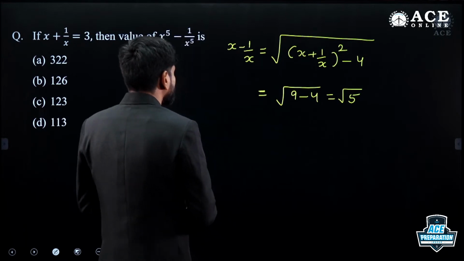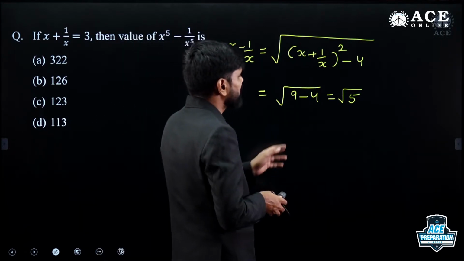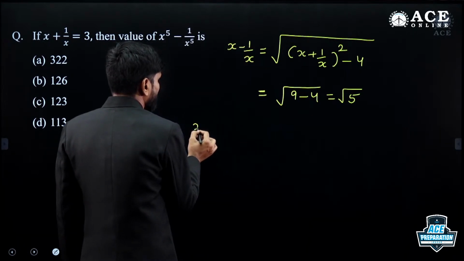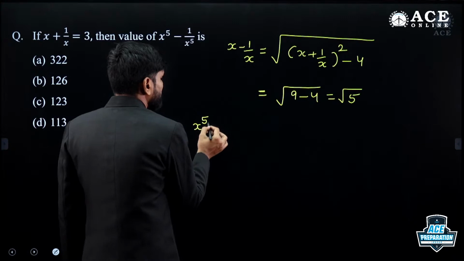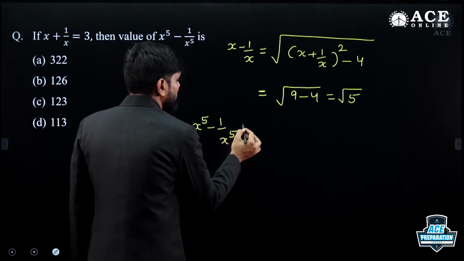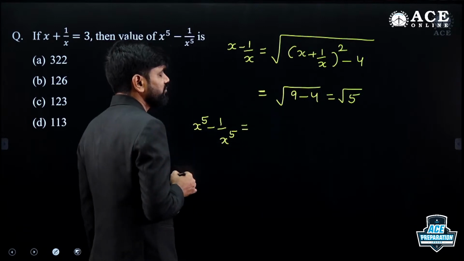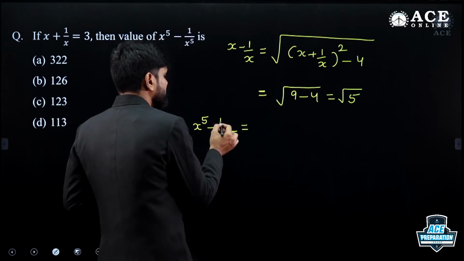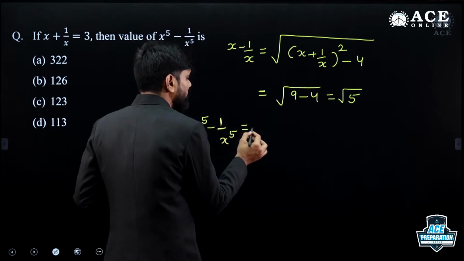Right, dear. Going ahead further. With the help of this, I can now get the value of x power 5 minus 1 by x power 5. So if I want x power 5, what will it be?